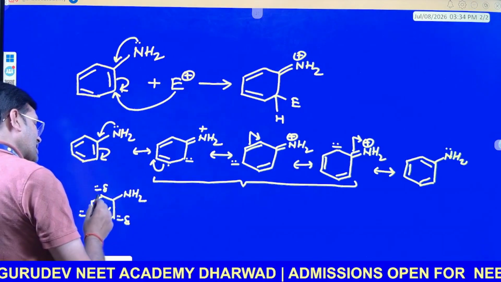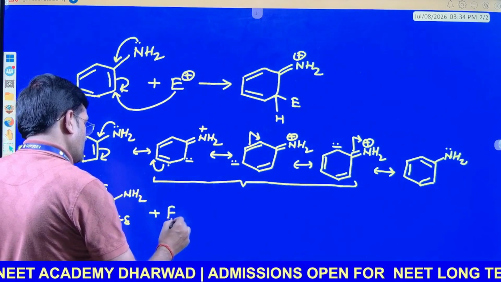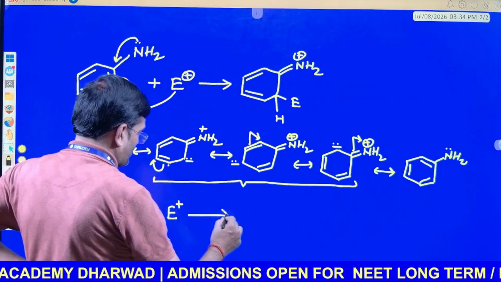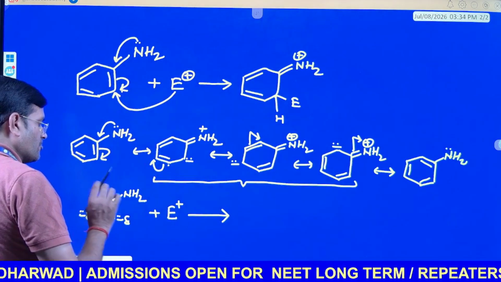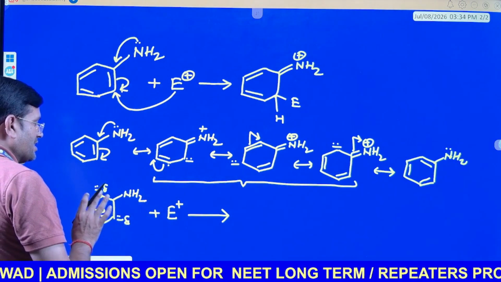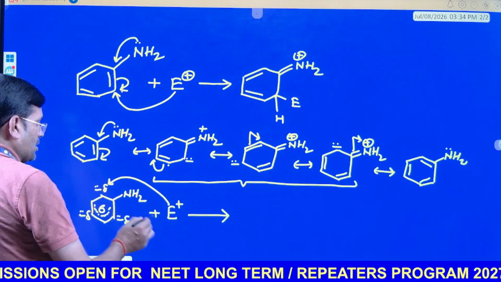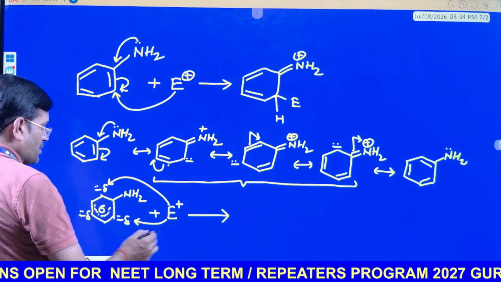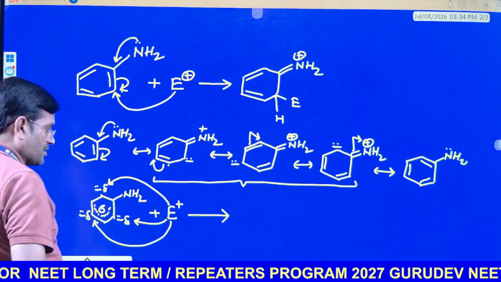So negative charge is developed at ortho and para position, and you all know electrophiles are electron deficient, and will always attack the site where the electron density is maximum. So it may either attack here or here, giving a single product, and if it attacks here, it gives one more product.